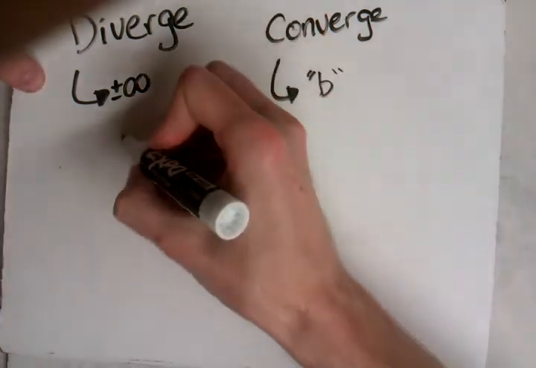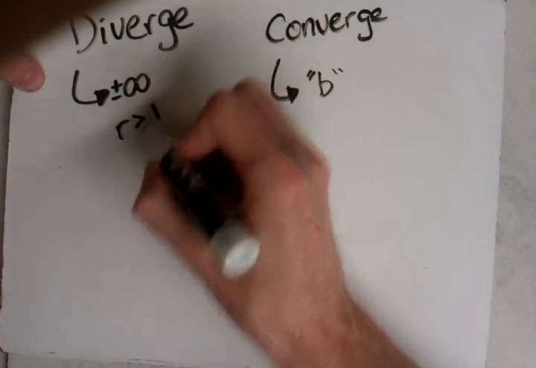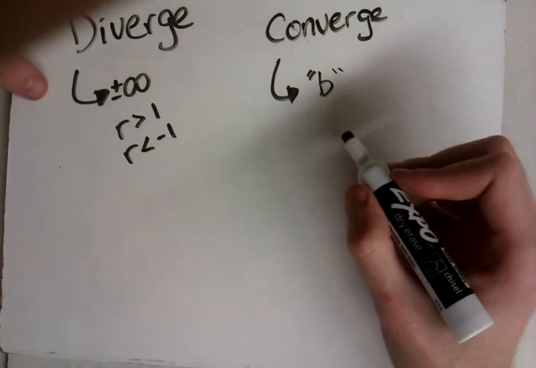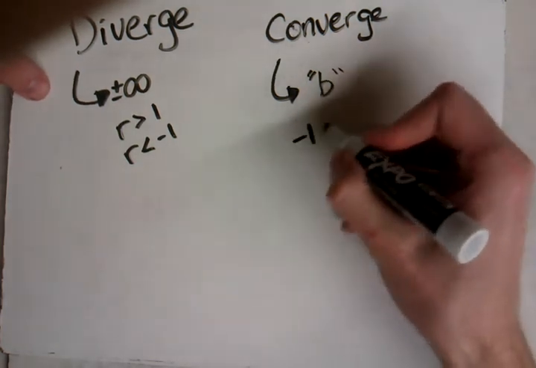So when does it diverge? Well, it diverges when the ratio is bigger than 1 or less than negative 1. It converges whenever it's somewhere in between those two numbers.